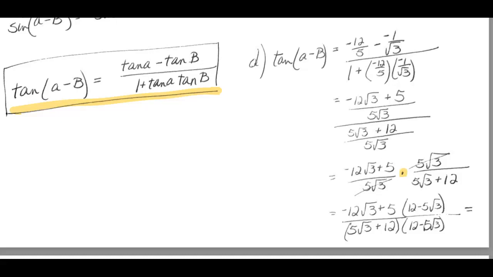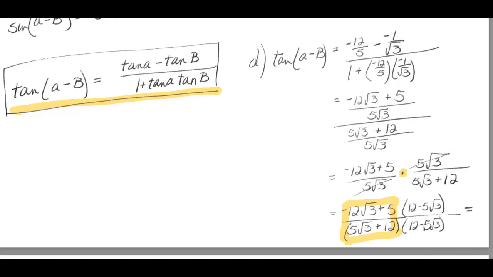So I'm flipping the denominator here, multiply that out, so the 5 square root of 3 cancels, and that leaves me with this as my answer. Now the only problem with that, it's not considered in simplest form because we have a radical in the denominator. So we've got to rationalize the denominator.